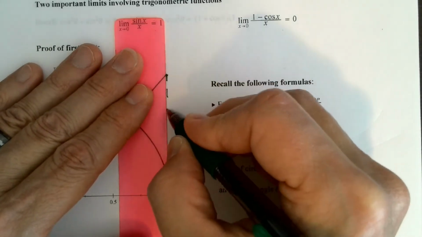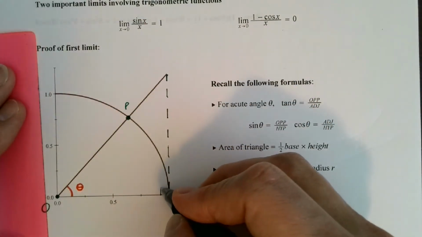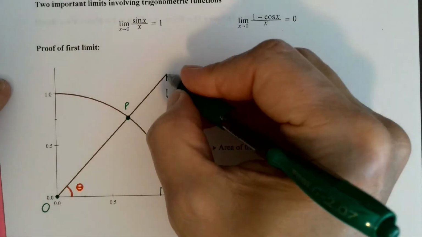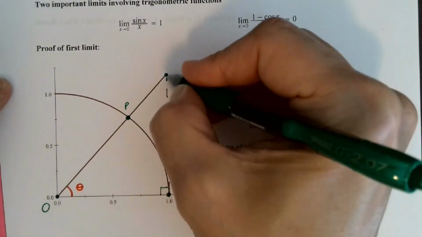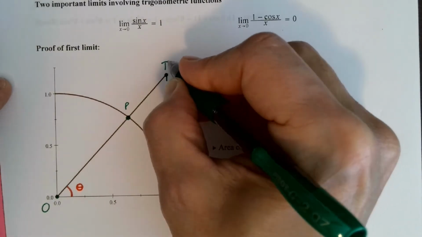Let me just draw a dashed line for that. So this is going to be 90 degrees here, 90 degrees here. And this point right here where this vertical line intersects the line I've got coming out at angle theta, I'm going to call point T.